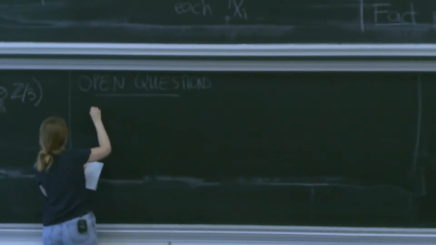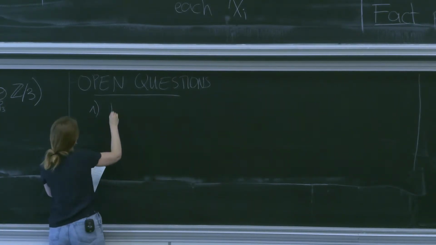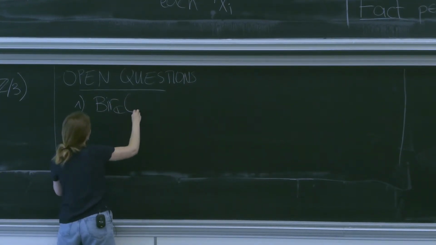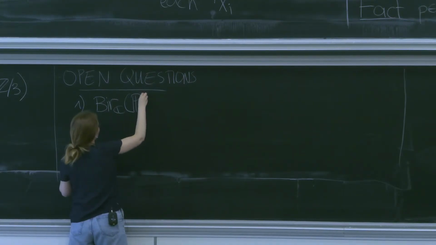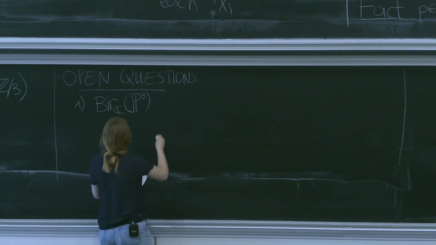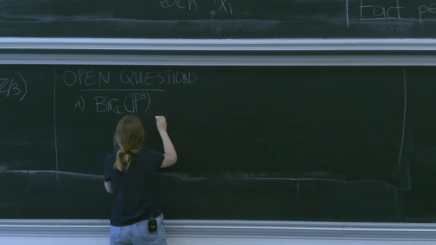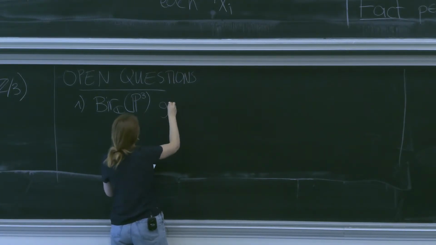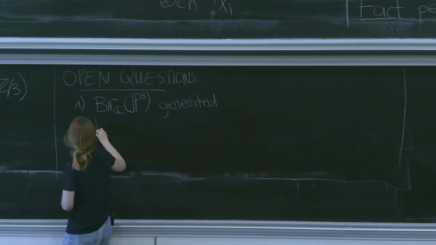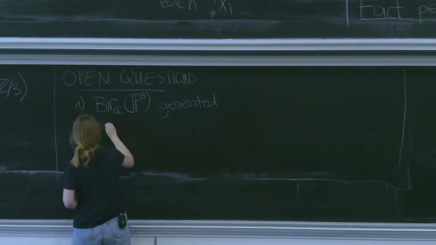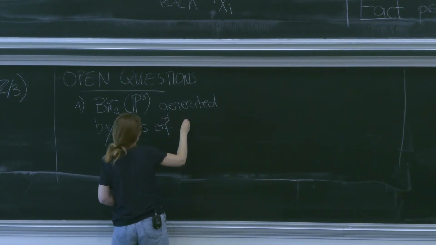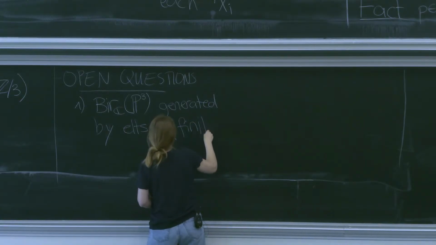So the first one is about the Cremona group over C of rank 3, so for 3-folds. And the question is: is the group generated by elements of finite order?